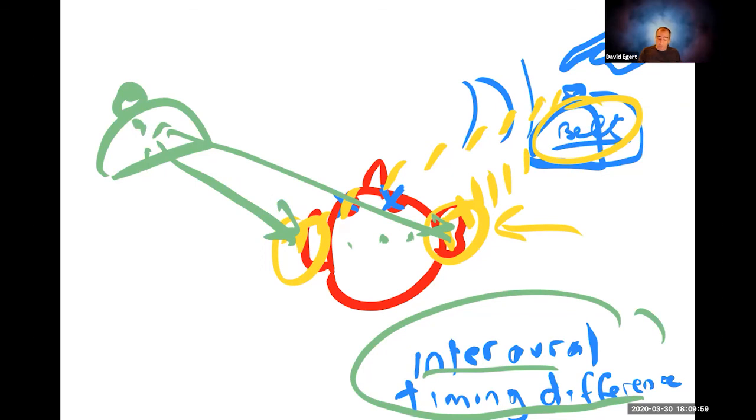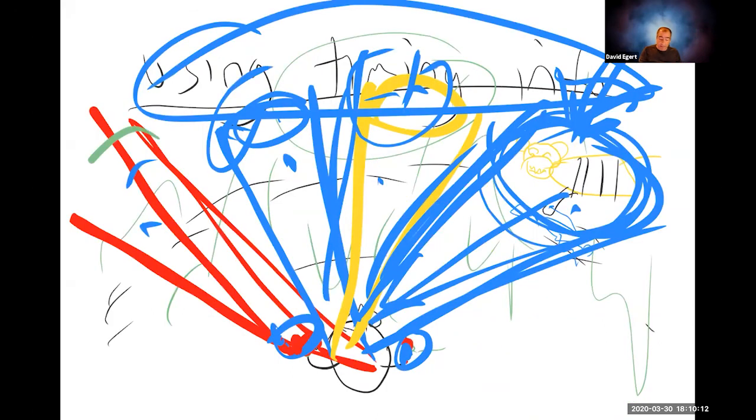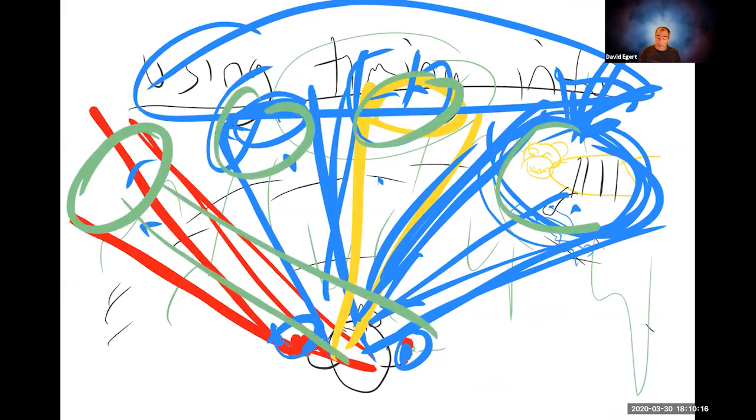So this is one of the ways your body knows where in space the sound is coming from. So that is what I mean by this. By looking at the timing difference between the two ears, you can tell what part of space the sound is coming from. Does that make more sense now?